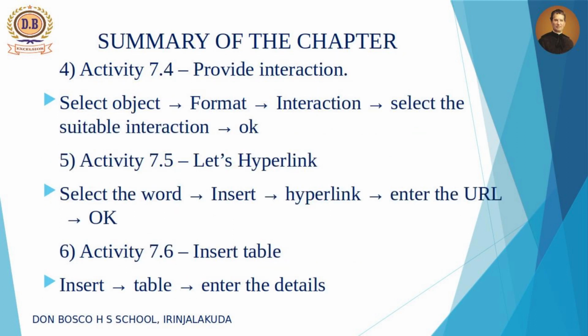Then the fourth activity was providing interaction. Providing interaction means we can provide interaction so that it will take us to the next slide, or we can exit the presentation, or we can move to the previous slide, or we can browse for a document. So several options are there. For providing interaction, select the corresponding object like image, video, etc. Then go to the format menu, select the interaction option. Then a window will pop up. There you can see one icon called action at mouse click.